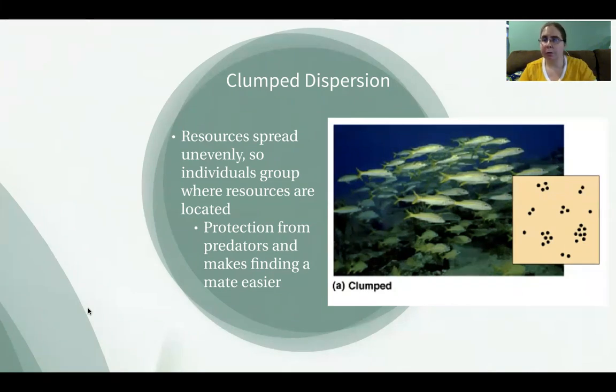Now, not only does it help them get access to resources, but it also provides protection against predators, because a lot of times, like with the school of fish, as you see here, sometimes when they're all super close together, they can actually look like a larger fish, and that can fool some predators into thinking it's bigger than them, so the predator will leave them alone. And since you're always hanging out with your population, it also makes finding a mate a heck of a lot easier.